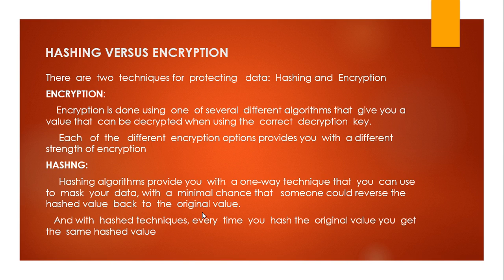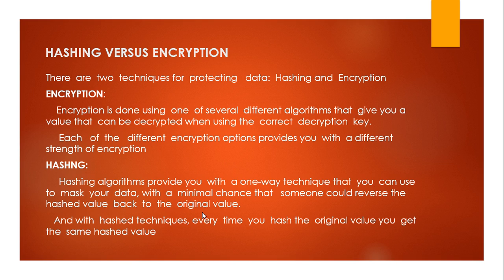Hashing versus encryption. There are two techniques for protecting data: hashing and encryption. Before going into hashing, I would like to discuss encryption. Encryption is a set of algorithms that are used for securing data. Encryption is done using one of several different algorithms that give you a value that can be decrypted when using the correct decryption key.